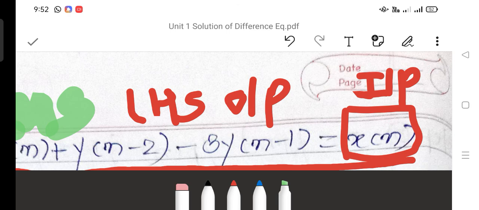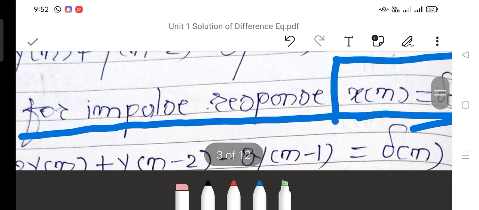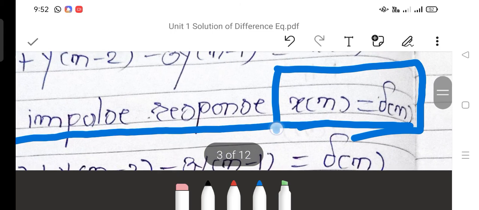So y of n always represents the output, whereas x of n always represents the input. Now this is the impulse response we have discussed. For the impulse response, x of n is del of n.